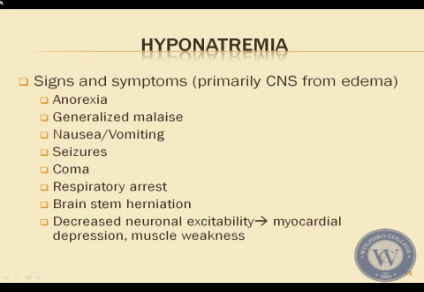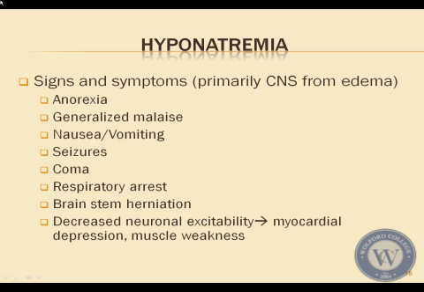Hyponatremia signs and symptoms are primarily central nervous system, which is ultimately important for rapid sodium effects. Remember we talked about this briefly in the previous slide, where certain organs are more sensitive than others. In this case, sodium is a very important electrolyte for brain function as well as peripheral nerve function, so patients will become increasingly confused.